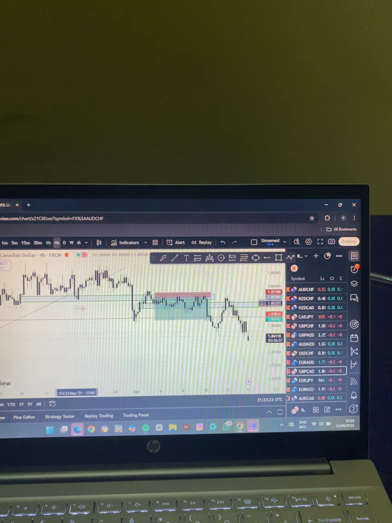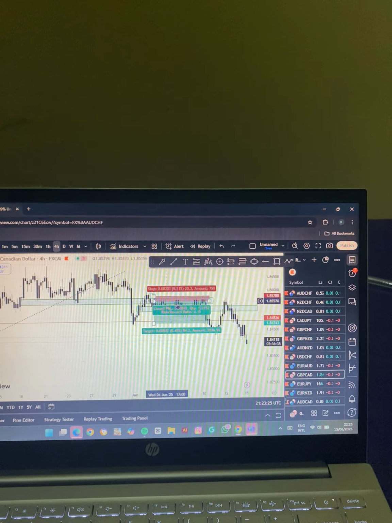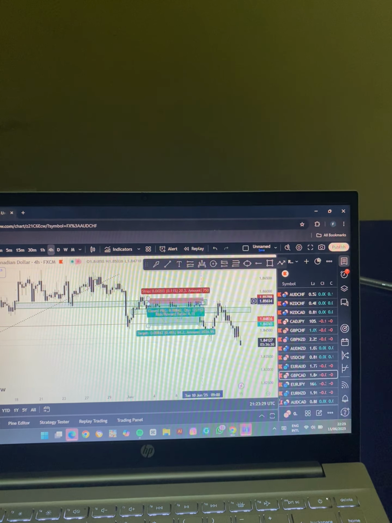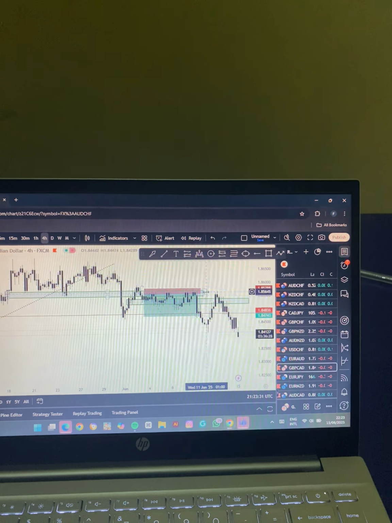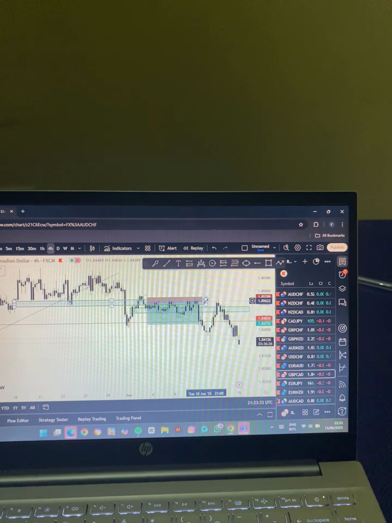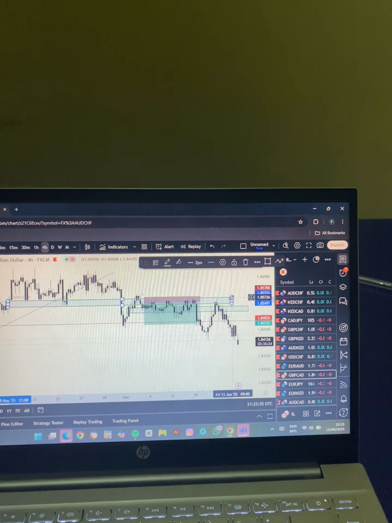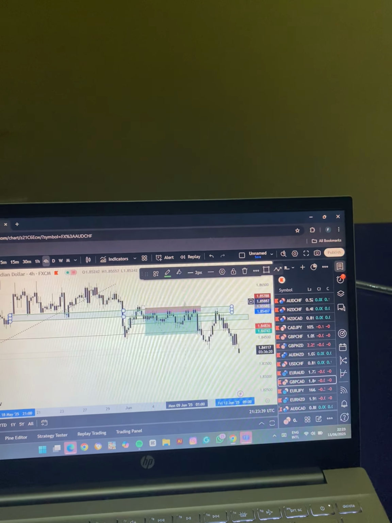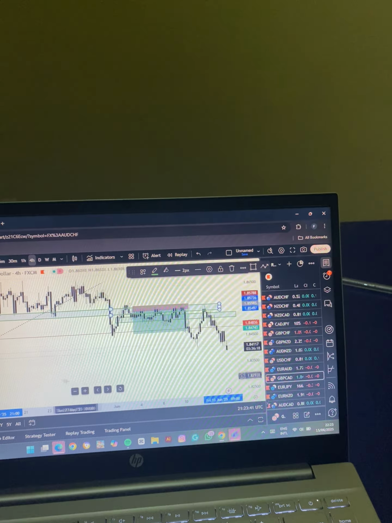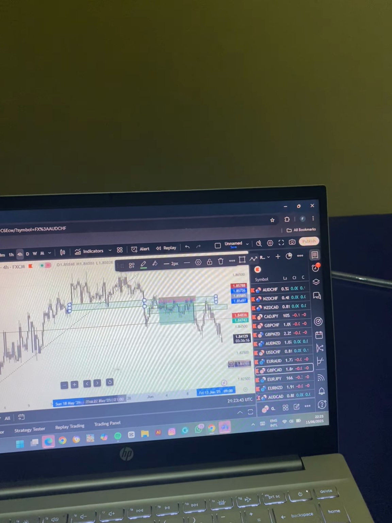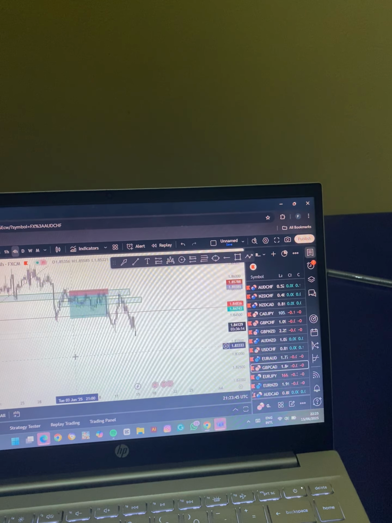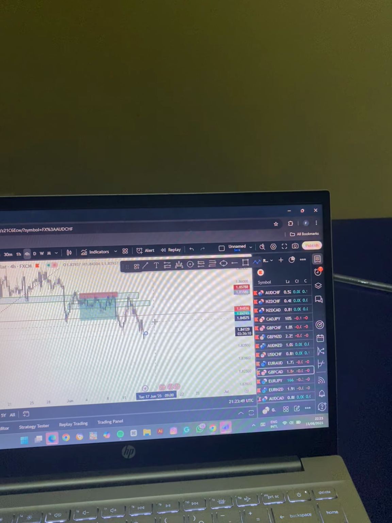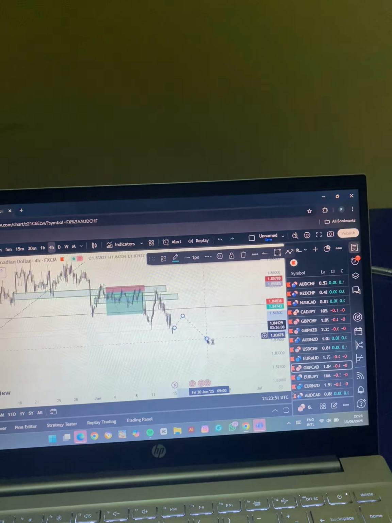It reacted to it 1, 2, 3, 4, 5 times. It came again, still reacting, to show that's a key area of resistance. Then push to the downside. This trade, you might see it come to retest, then push back down.